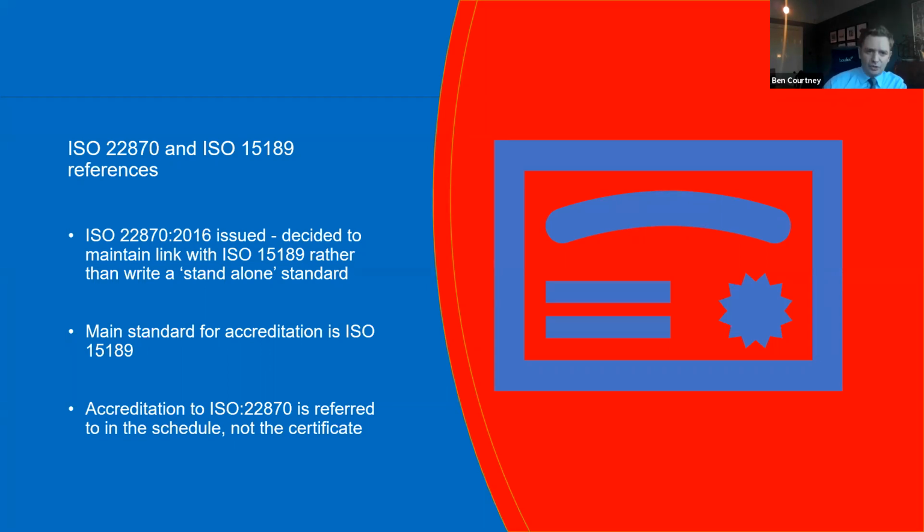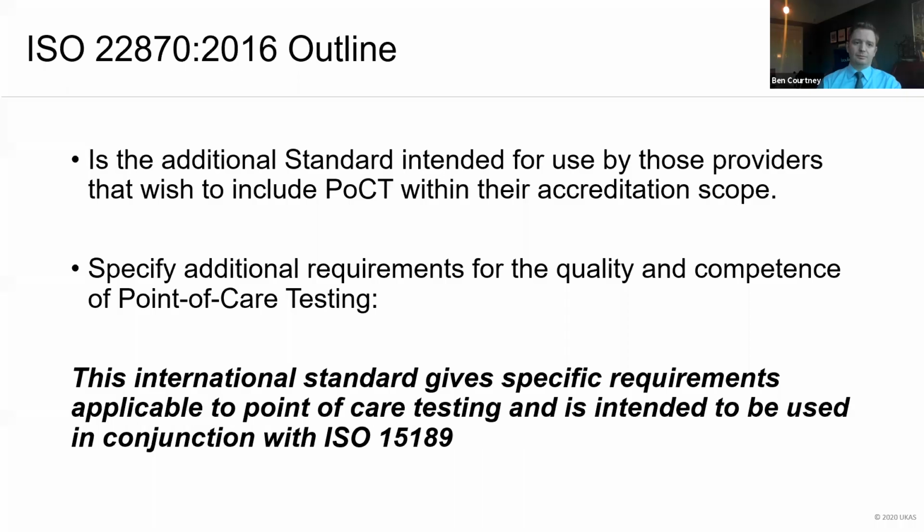You are accredited to 15189, which is why, if you are looking to introduce point of care testing, even if you're just doing sample collection at the moment, I recommend that you apply for ISO 15189 accreditation, because it will be easier to bolt on 22870 later. The main standard for accreditation is ISO 15189, and 22870 will be referred to in the schedule, not the certificate.